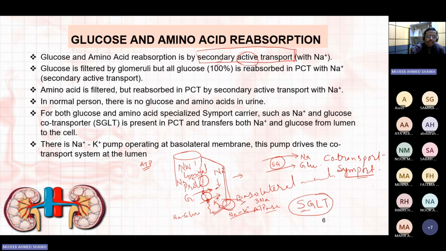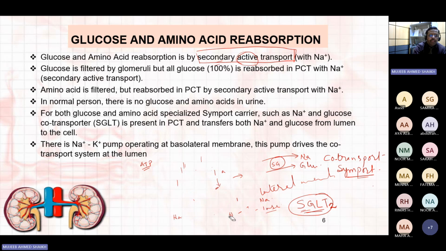The one which is present here in the kidney is given a number, 2, SGLT2. So SGLT2 will be responsible for reabsorption of sodium and glucose from the lumen into the epithelial cells. Once it comes here, let me draw another. Shall I remove this? Let me remove this.